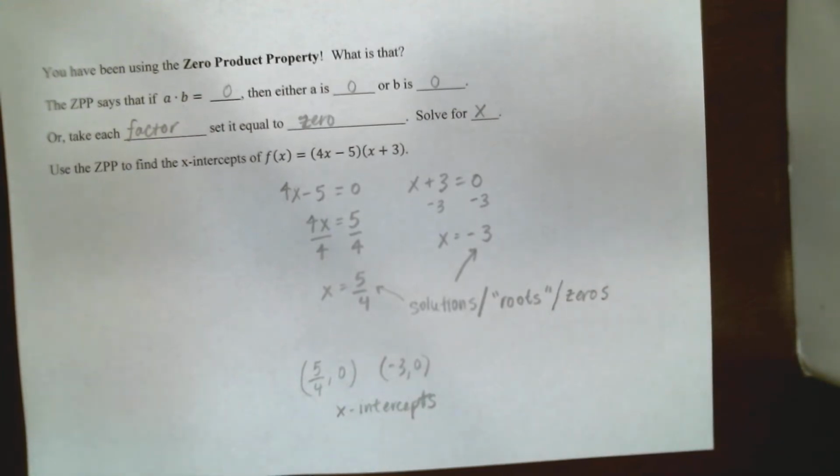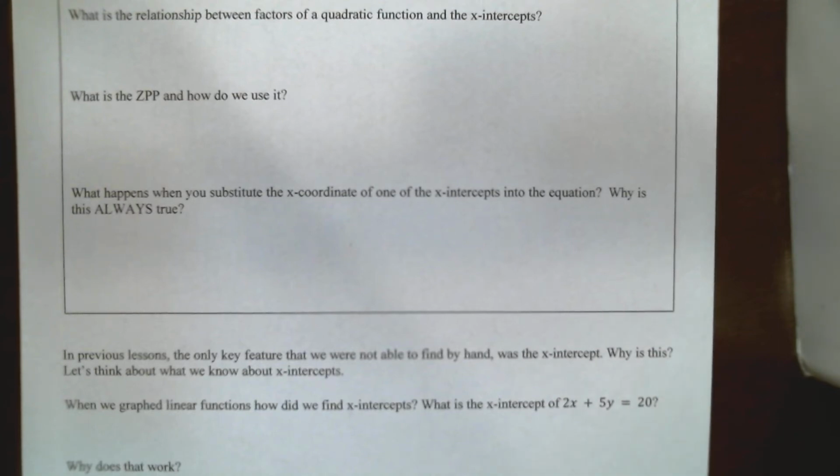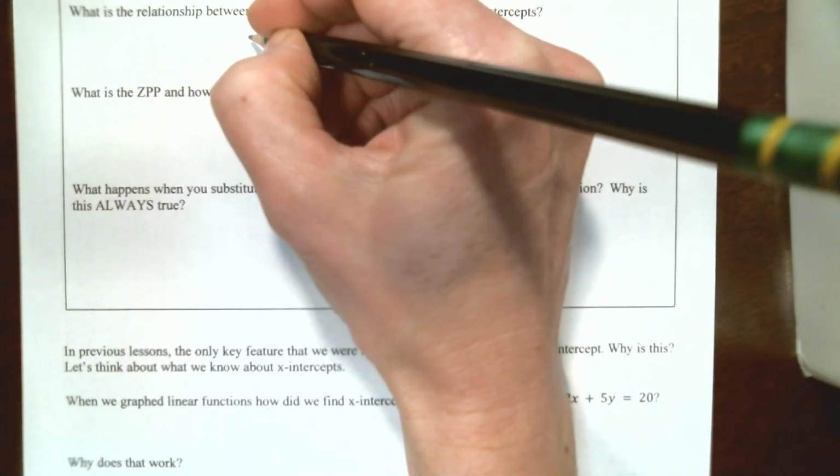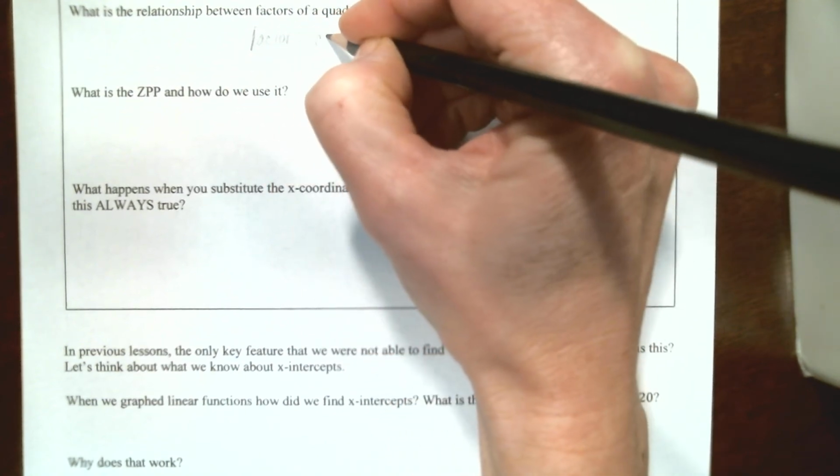So now that we finished that page, let's summarize. What is the relationship between the quadratic function and the x-intercepts? Well, we know that the factors can tell you the x-intercepts.